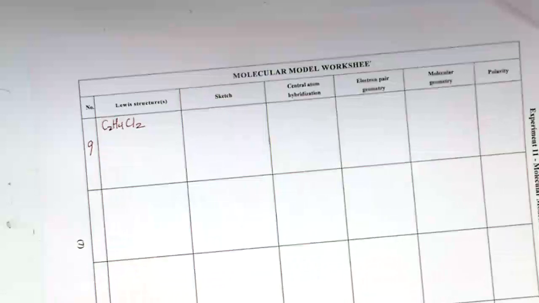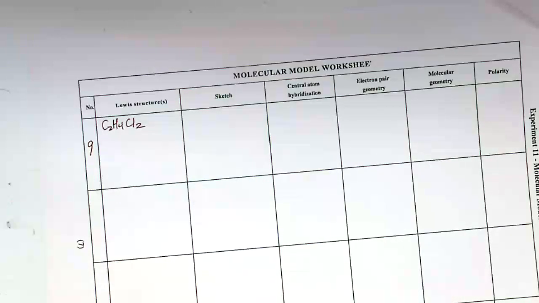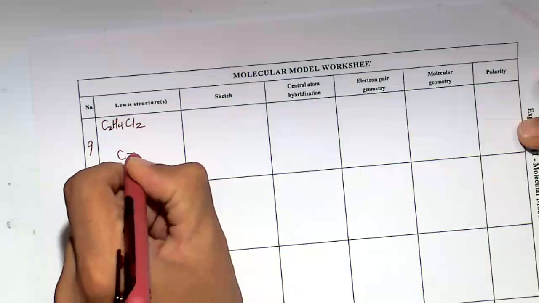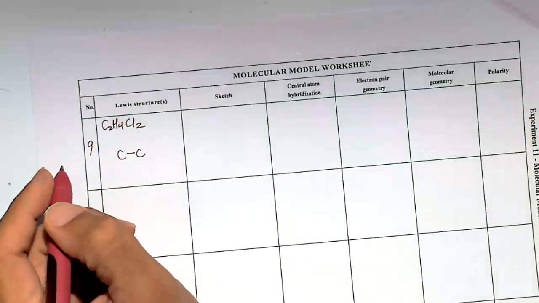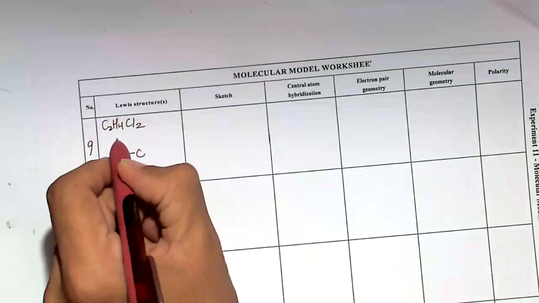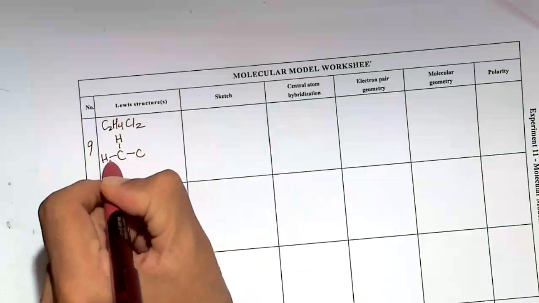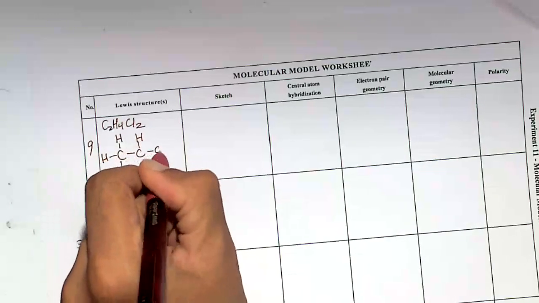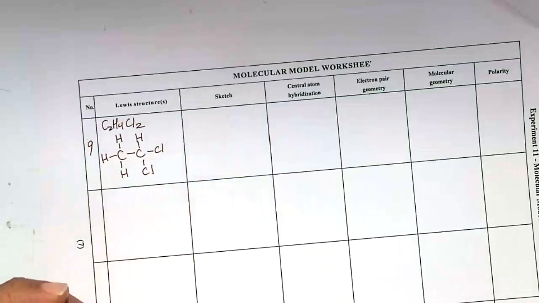Okay, so how will we do C2H4Cl2? We'll have a carbon here bonded to another carbon, and then we can fill that out with some hydrogens. 1, 2, 3, maybe I'll do a 4 here, and then we can do a chlorine here.